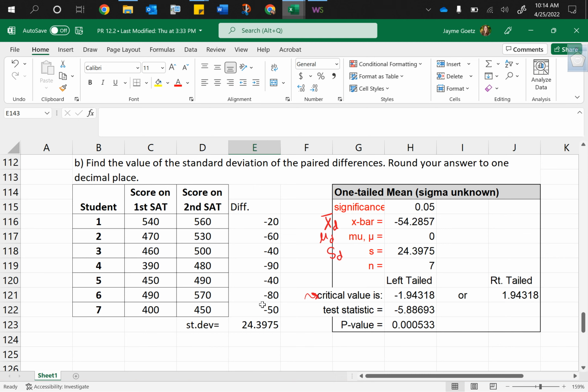Okay, that's common sense. That's logical thinking. We just showed how to prove it using statistics. We said, okay, well, we can do the one-tailed mean. We found the mean of the differences. We found the standard deviation of the differences. We put it in, and we see that it's in the rejection region, so we reject the null, which means there is enough evidence to state that this does help. All right.